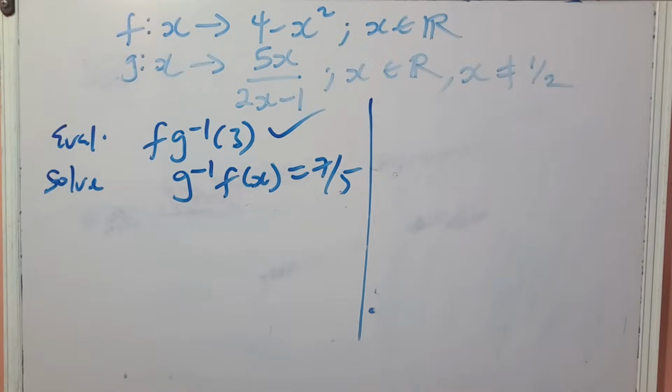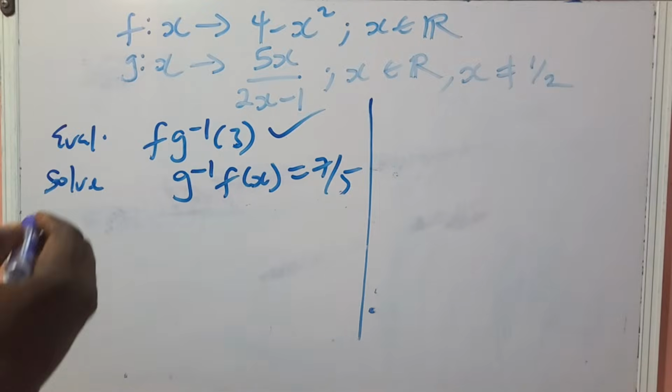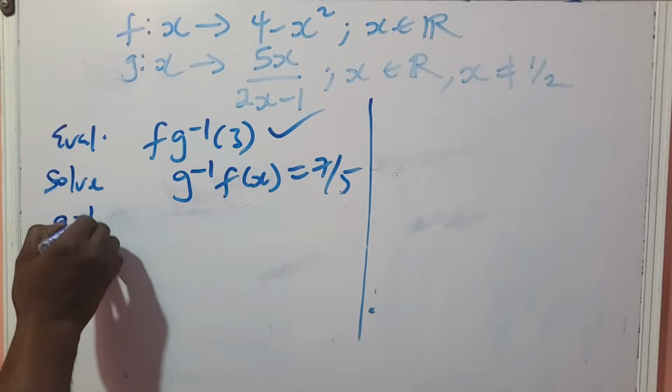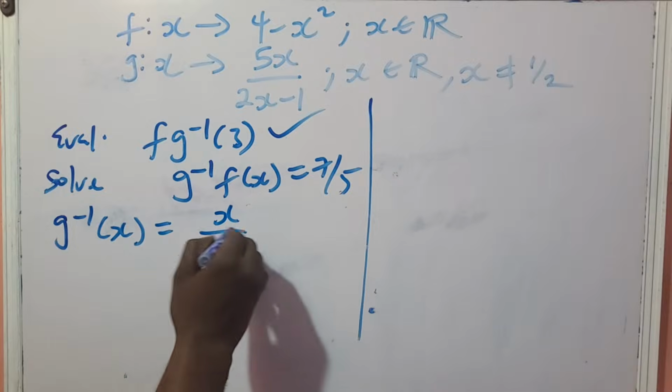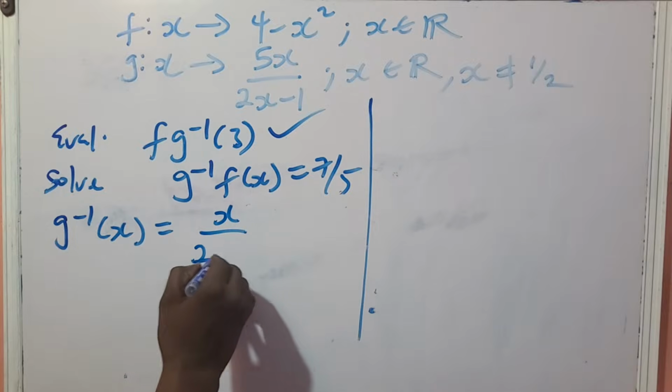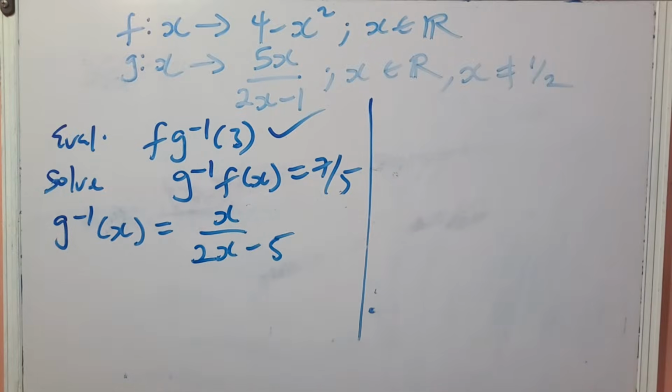I already wrote our function for G inverse, but of course, I'm sure you guys have it written down. So the function for G inverse, do not forget, we got it as x over 2x minus 5. All right. So this is our parent function according to what we have here.